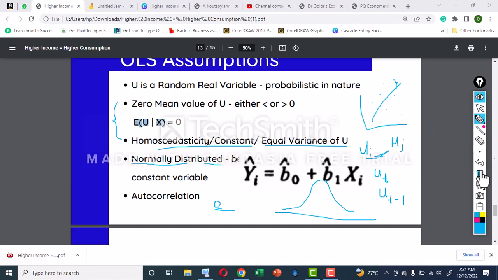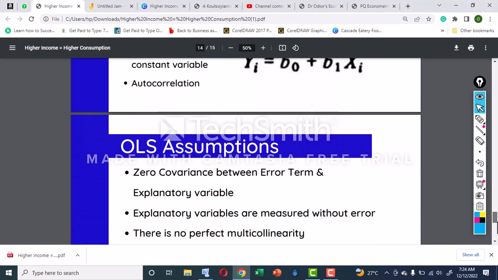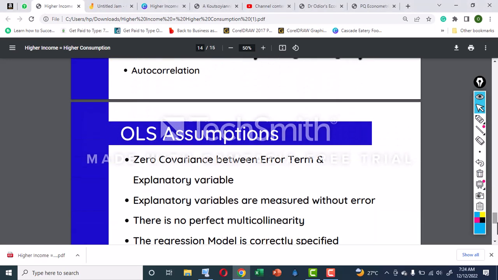Now the next assumption is similar to this, but it is not this. Autocorrelation is talking about two error terms, successive error terms. But this other one, zero covariance between an error term and explanatory variable, is talking about an error term and an explanatory variable.